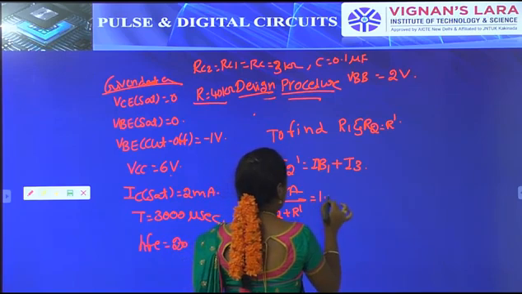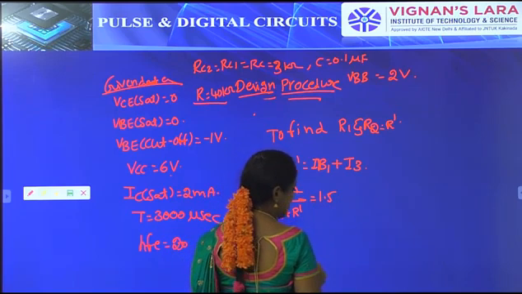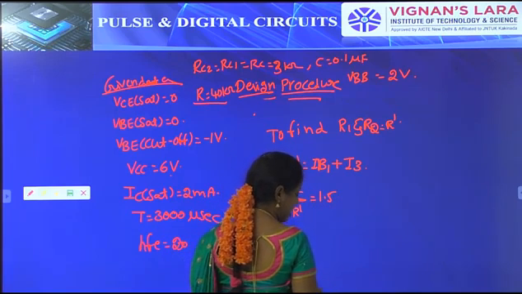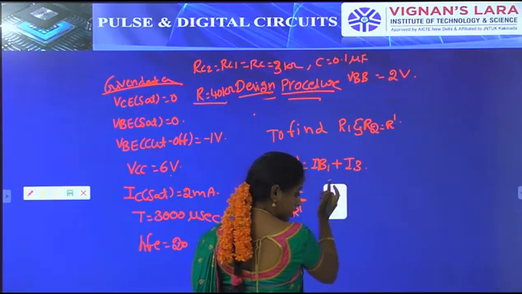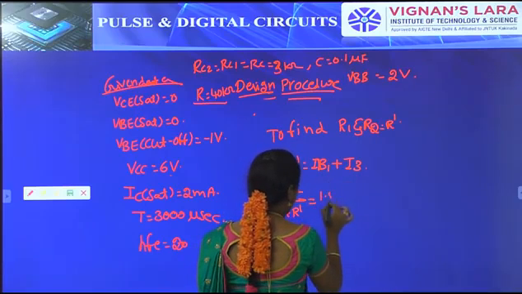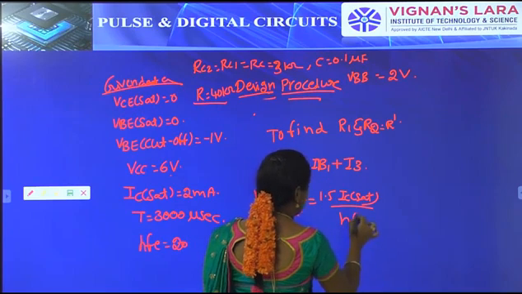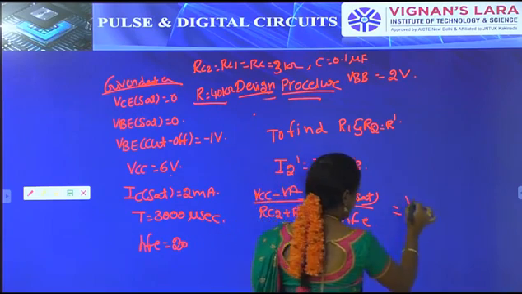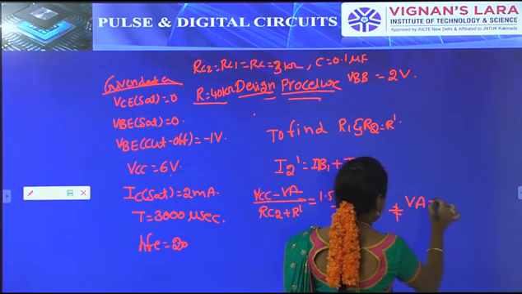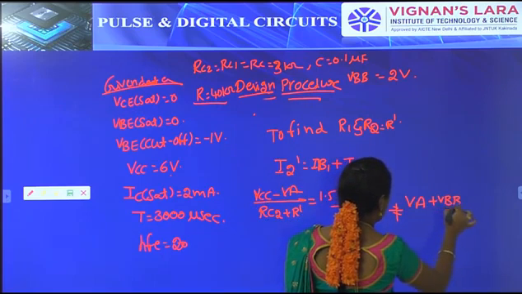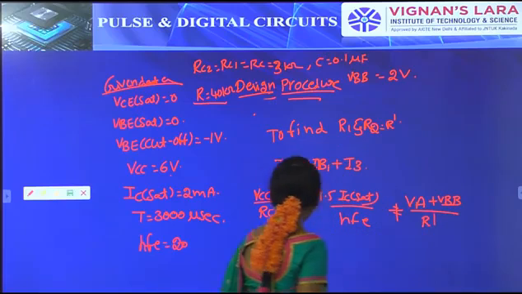And IB1 is nothing but 1.5 into IC sat by HFE. And I3 is nothing but VA plus VBB by R dash. So just substitute the values.